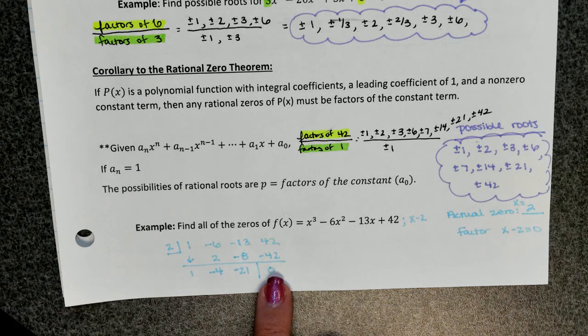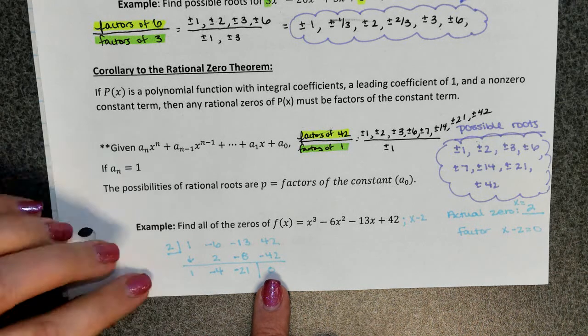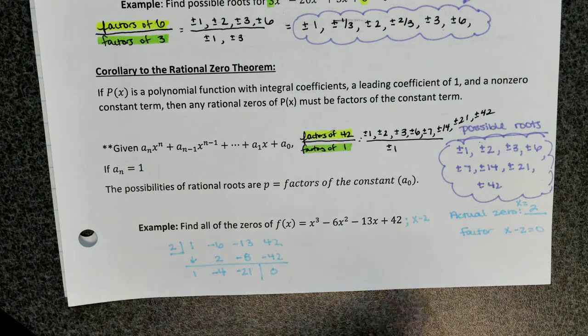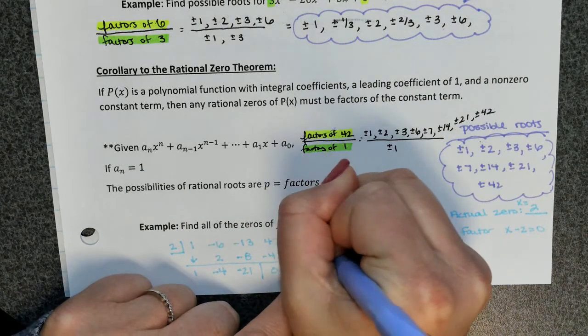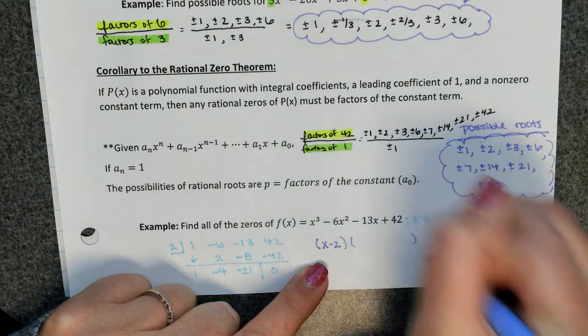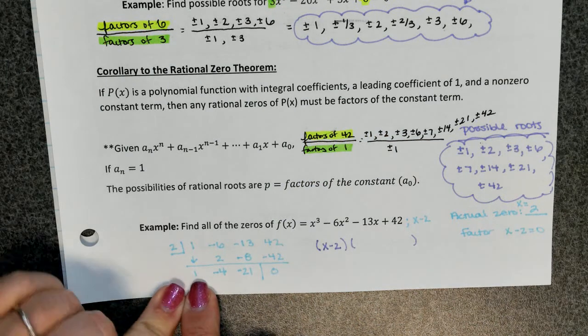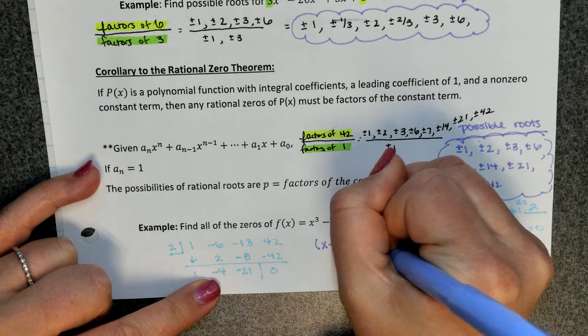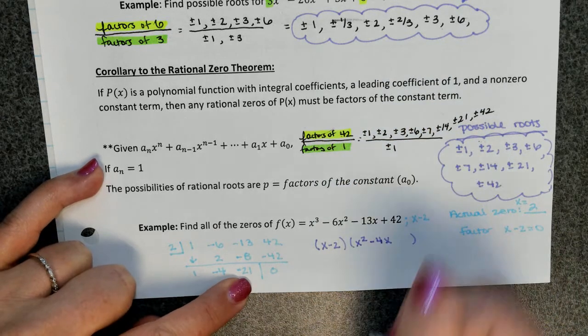Now, we need it to be 0 because we said that has to be a factor. That's why we chose it. It needs to be a factor. So what this tells me is that if one of my factors is x minus 2, and I divide that out, what I'm left with is 1x squared minus 4x minus 21.